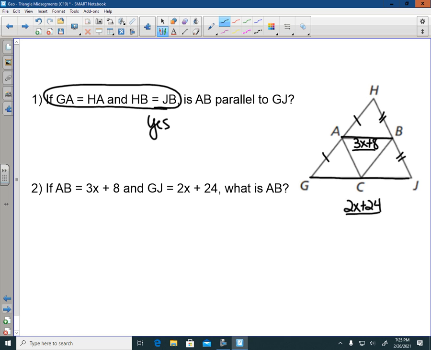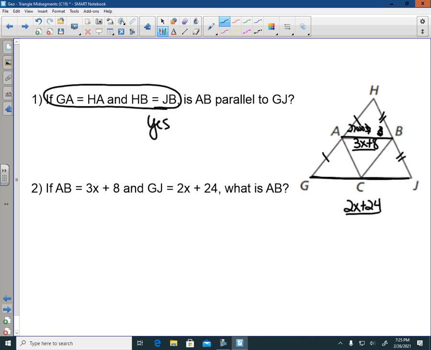I mean, we already know that from the problem we just did before. If AB was 3, then GJ would be 6, or 2 times 3. If AB was 7, then GJ would be 14, or 2 times 7. If it was, I don't know, 27,000, you'd multiply 27,000 by 2, and you'd get this GJ side.